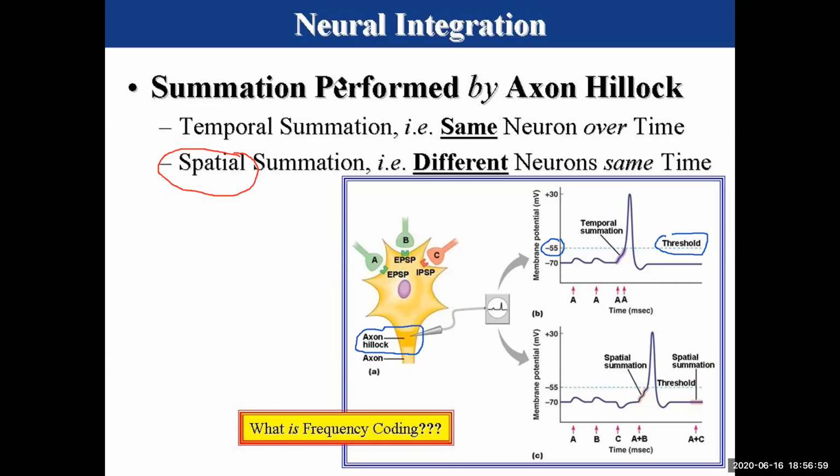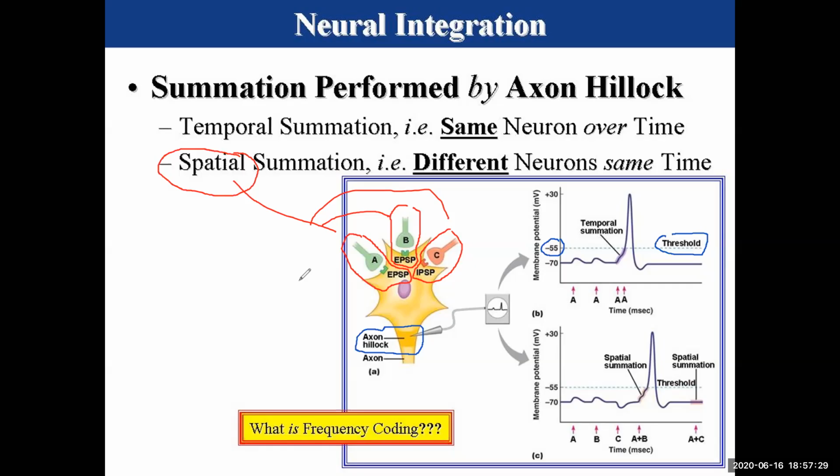So spatial means I'm adding the signal coming from A, where an EPSP is created by the signal from A, an EPSP is created by the signal from B, and an IPSP is created by the signal from neuron C. So 3 different locations, we call that spatial summation.